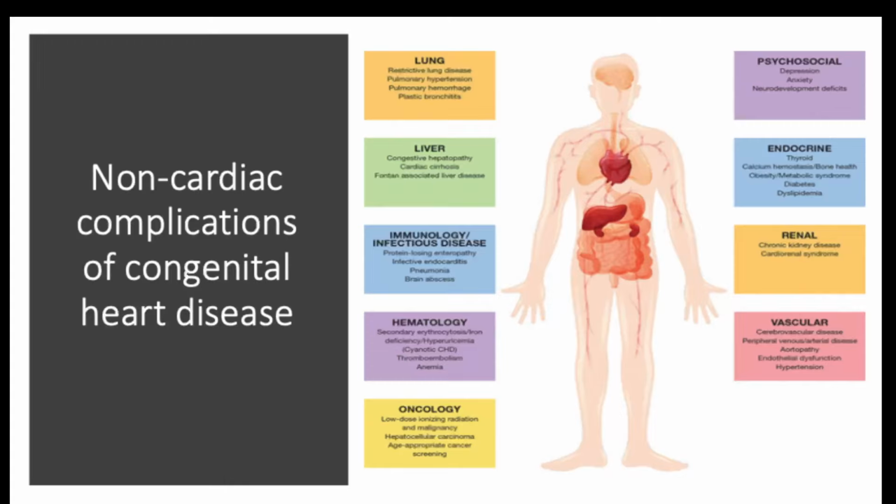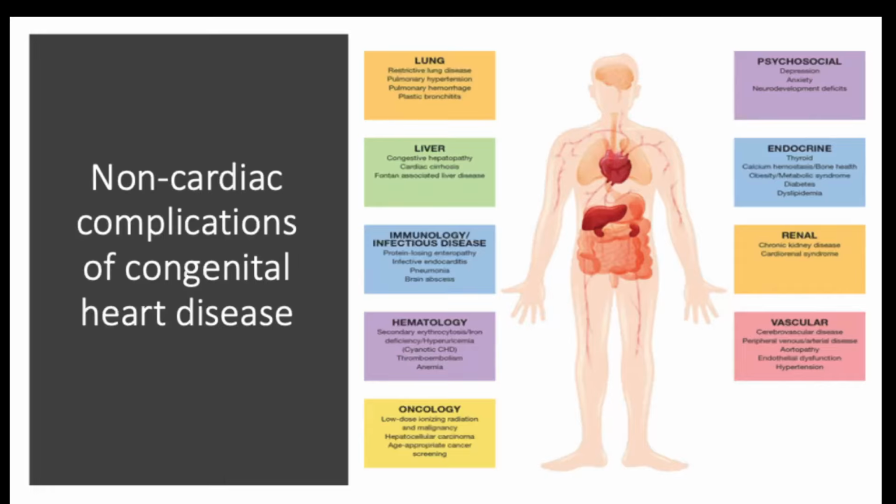Immunologically, they have protein-losing enteropathies, infective endocarditis, they're at higher risk of pneumonias, abscesses, and their cell-mediated immunity is lower. Hematologically, they get erythrocytosis, iron deficiency, hyperuricemia, thromboembolism, and anemia. Oncologically, they get exposed to a long period of low-dose ionizing radiation causing malignancy.